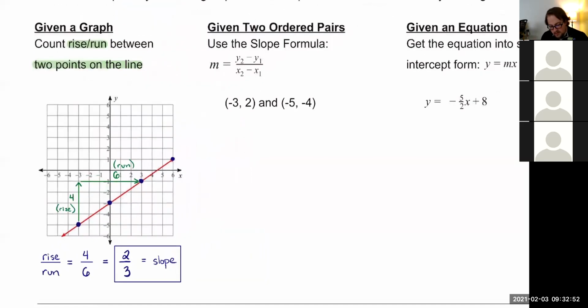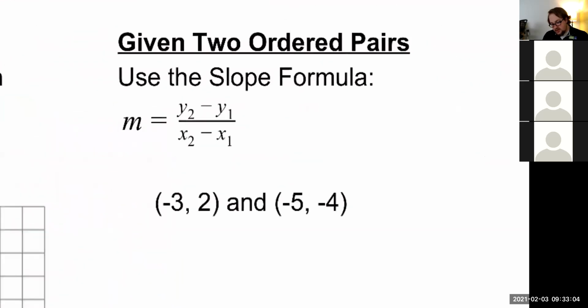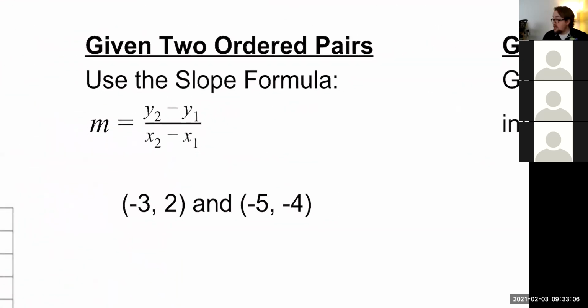So that is how we find the slope given a graph. Second scenario is what we do when we're given 2 ordered pairs. So for this scenario, we actually introduce a formula. One of the first formulas we'll use in this unit. So this is called the slope formula.